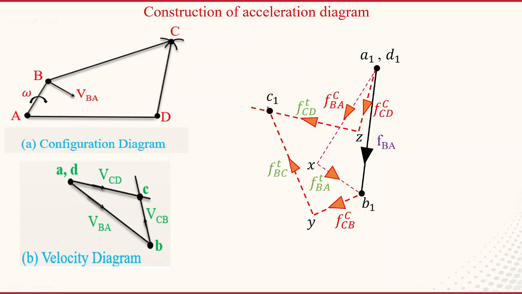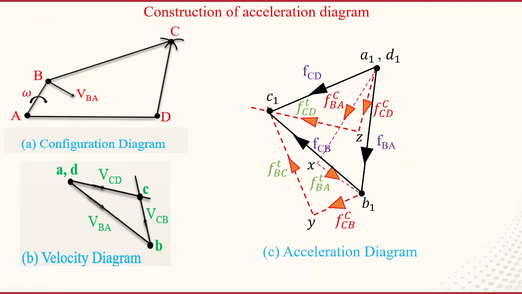This is the tangential component of C and D. Once C1 is known, you can join A1 C1 and B1 C1. B1 C1 is the total acceleration of point C with respect to B, and C1 D1 is the total acceleration of C with respect to D. So this is the required acceleration diagram.